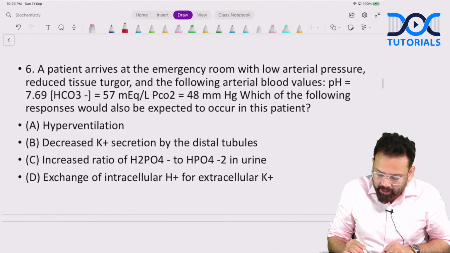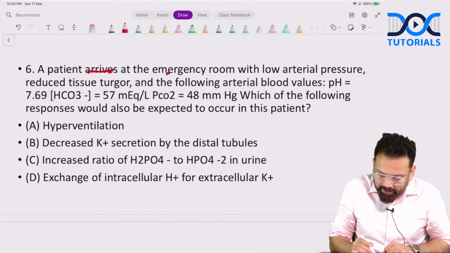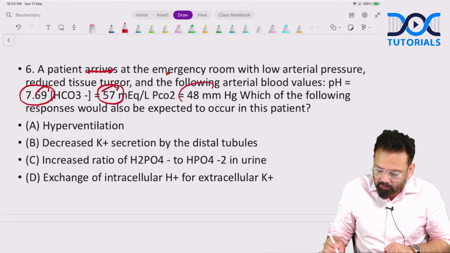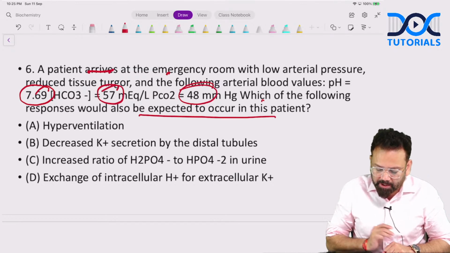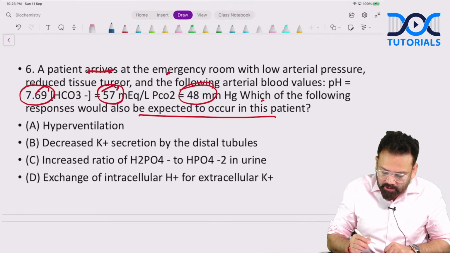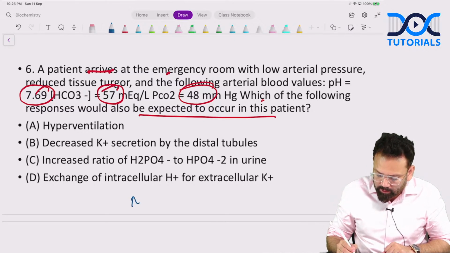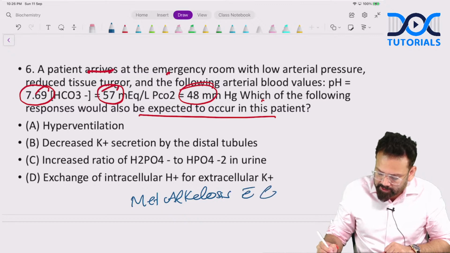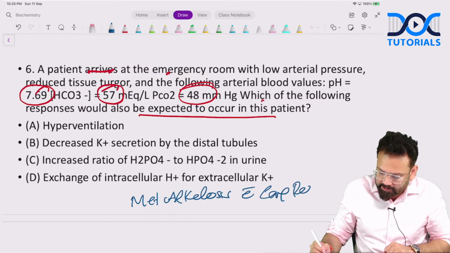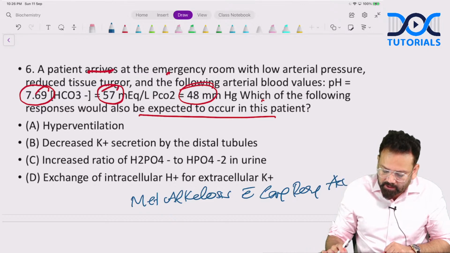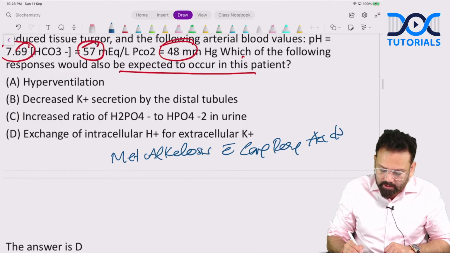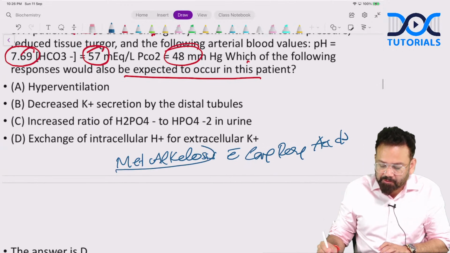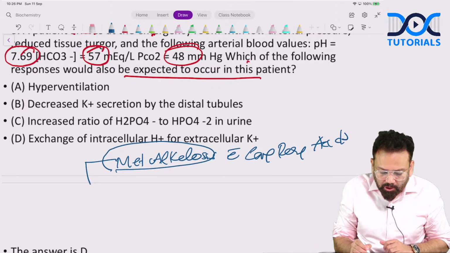A patient arrives at the emergency room with a pH of 7.69, with the given bicarbonate and carbon dioxide. Which of the following will you expect in the patient? What is this diagnosis? It is metabolic alkalosis with compensatory respiratory acidosis.